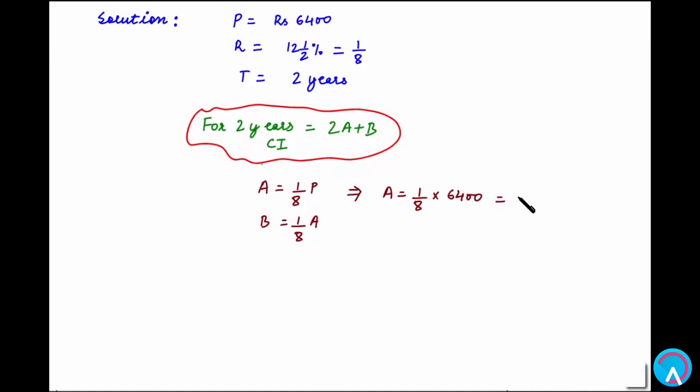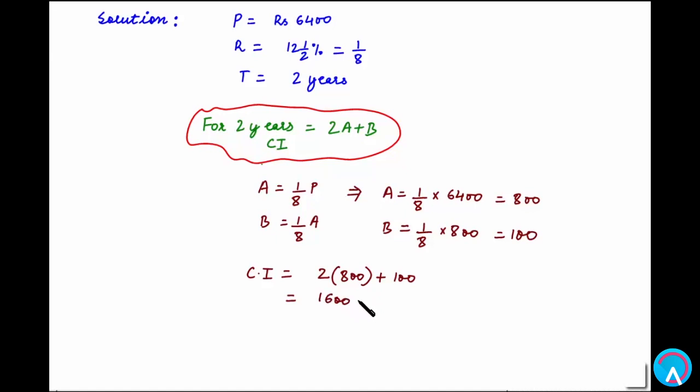So that will be equal to 800, and B is equal to 1/8 of A, that is 1/8 of 800, that is equal to 100. So from this formula, very easily we can calculate the compound interest for 2 years as twice of A, that is 800, plus B, that is 100. So this is equal to 1600 plus 100 is equal to 1700.